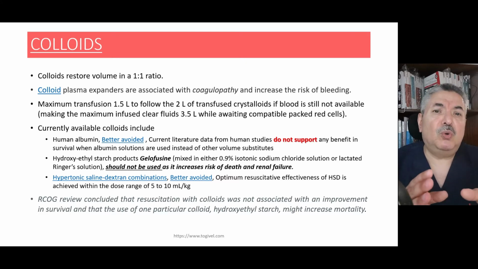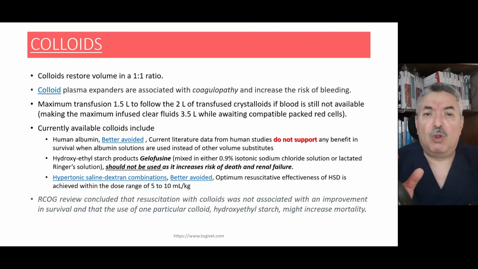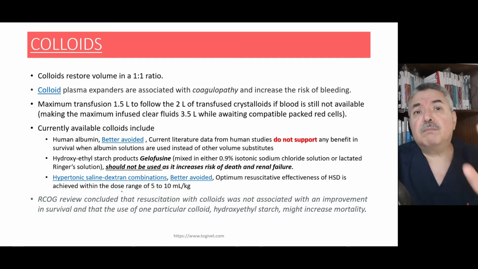Why am I not a fan of colloids? Because with colloids, we have 3 things. We have the albumin, we have the hypertonic saline dextran, and we have the hydroxyethyl starch products. The hydroxyethyl starch products are prohibited by the guidelines.